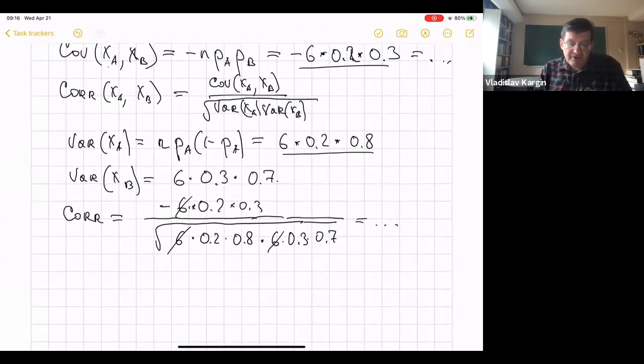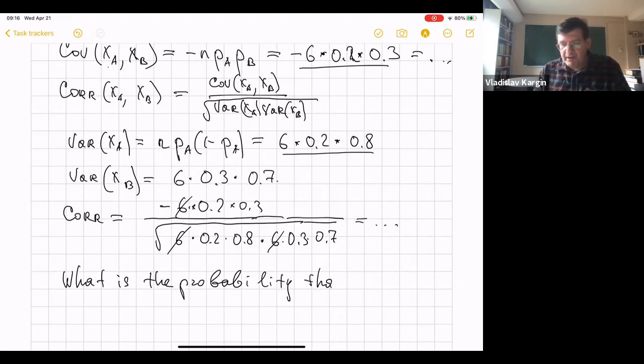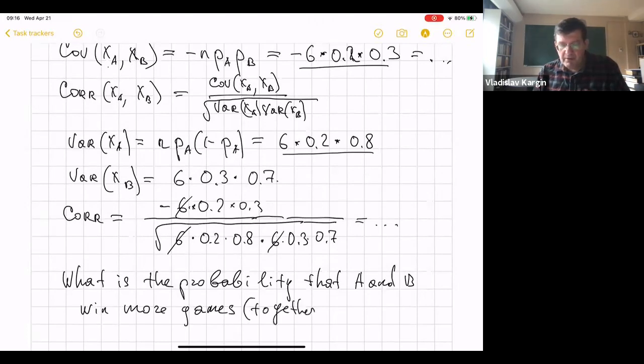You can ask the question, what is the probability that A and B win more games together than C?